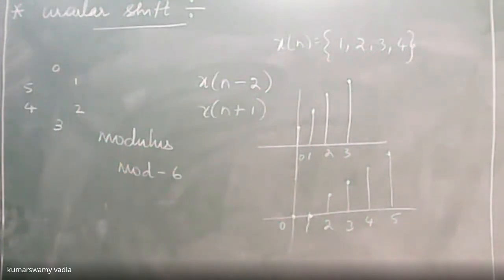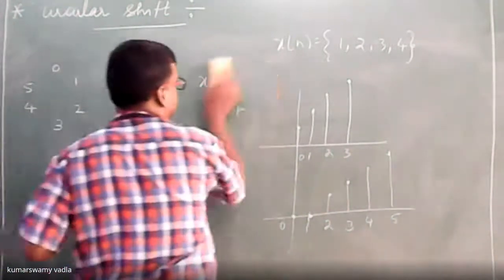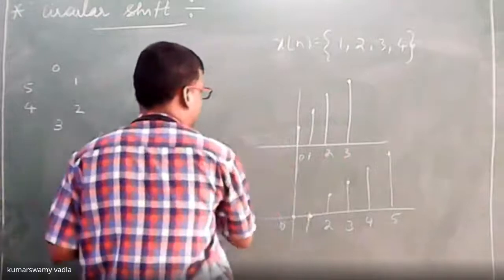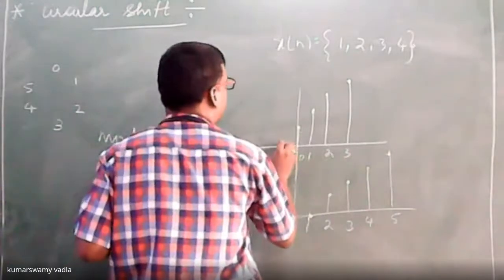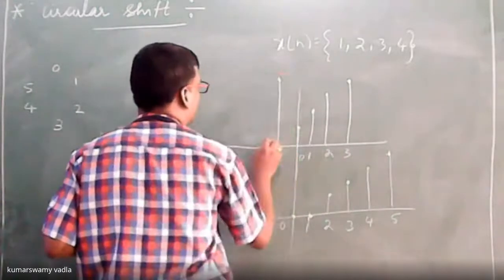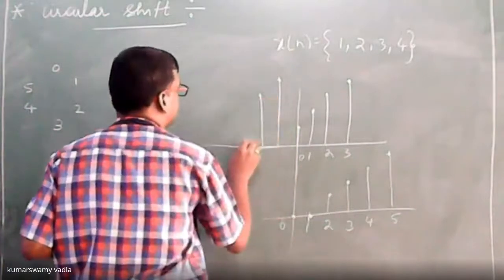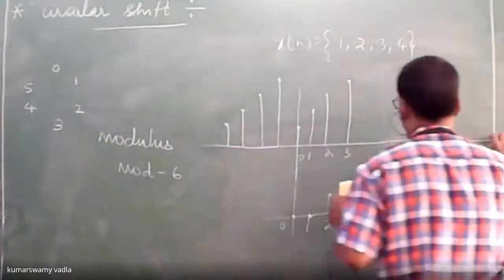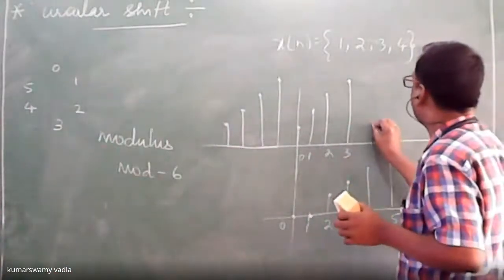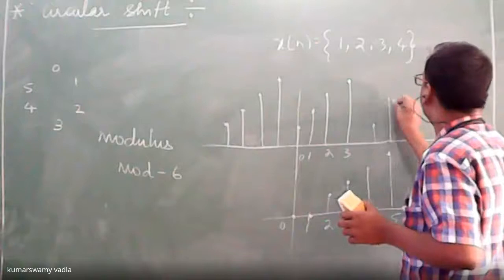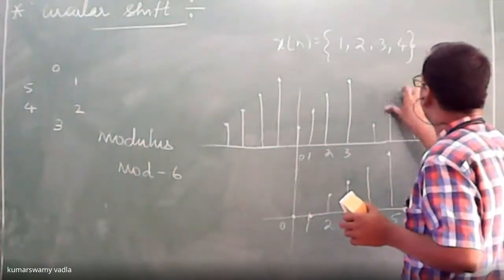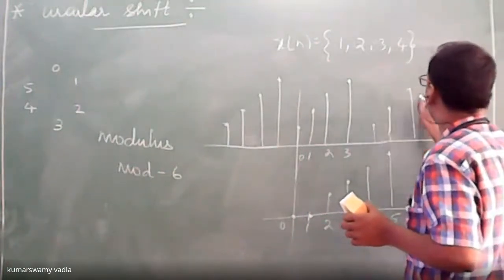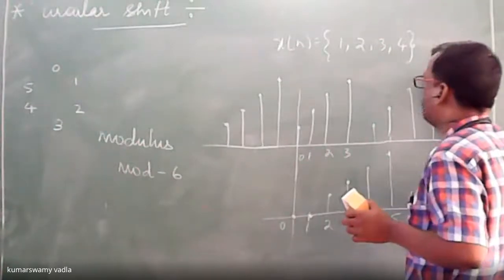Now, having this knowledge as an example, if I write down repeated samples here, friends, see here. This is a bit complex, please do understand. I have repeated amount of signals: 4, 3, 2, 1. Again here also 1, 2, 3, 1, 2, 3, 4.